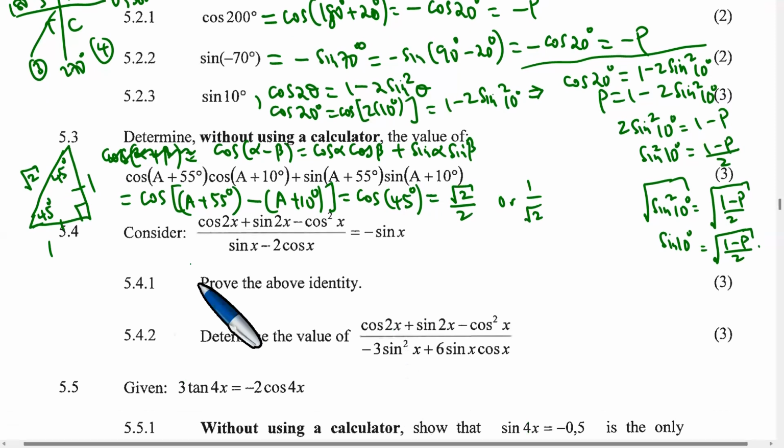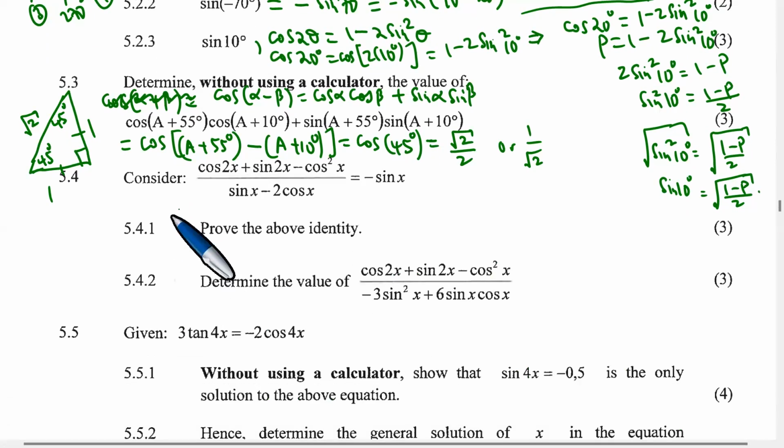Next, they've given us this identity, and they're saying, consider this identity, prove the identity. Let's write the proof of this. Now, to write the proof of this is pretty straightforward. How do you go about doing these?